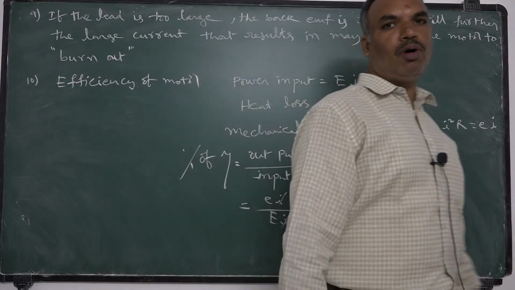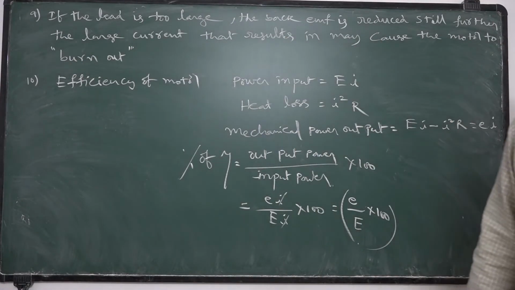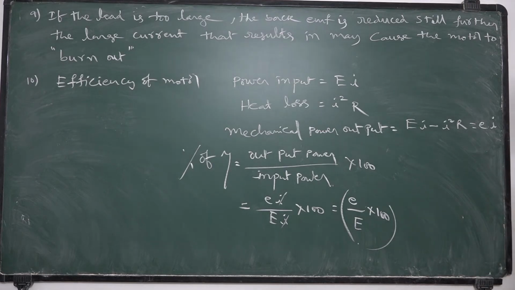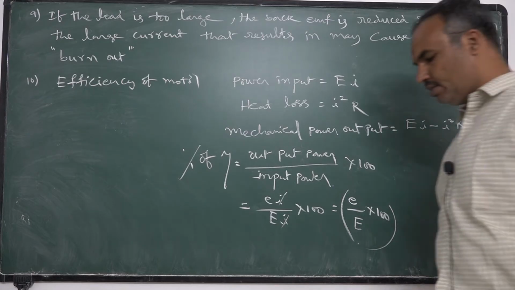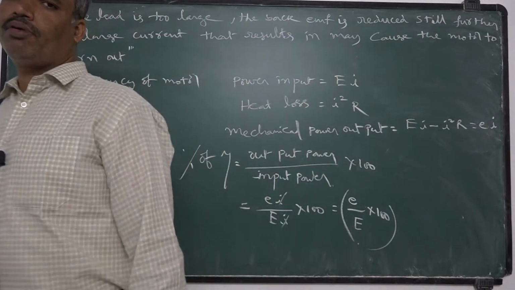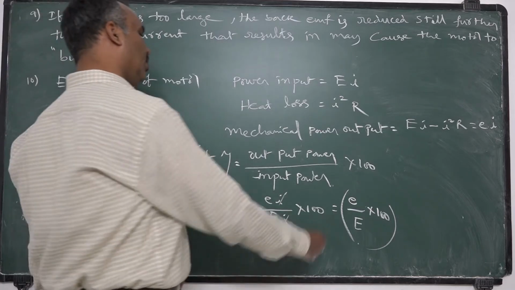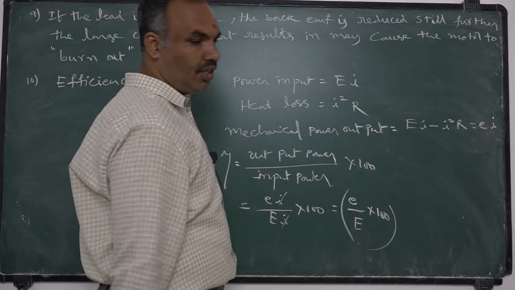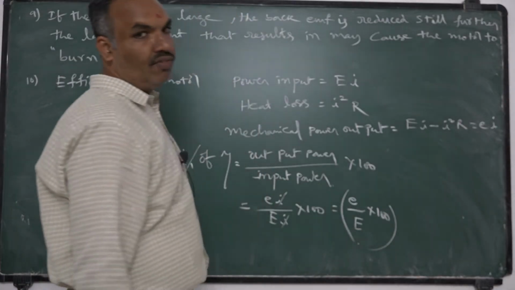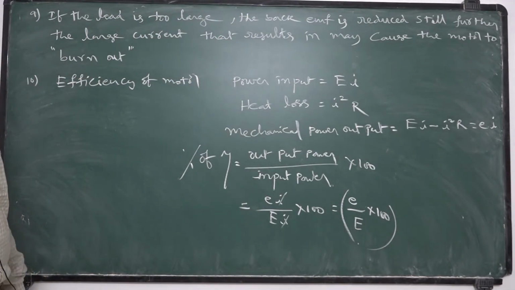Here, all the theoretical points are describing the nature of the back EMF developed with respect to the load. When no load is present, what is the nature of back EMF developed? If moderate load is present, what is the nature of back EMF developed? If heavy load is attached to the motor, what is the back EMF developed? If you know the back EMF developed, if you know the applied voltage, the ratio of these two into 100 will give the percentage of efficiency of the motor.